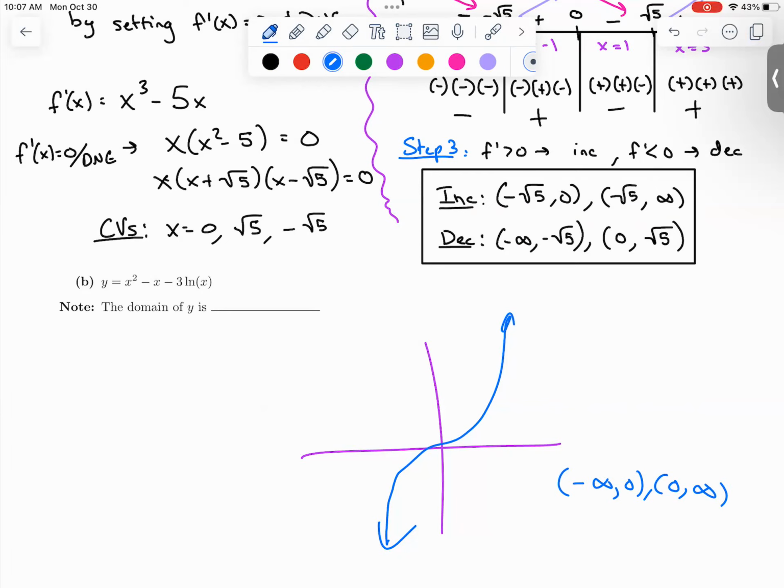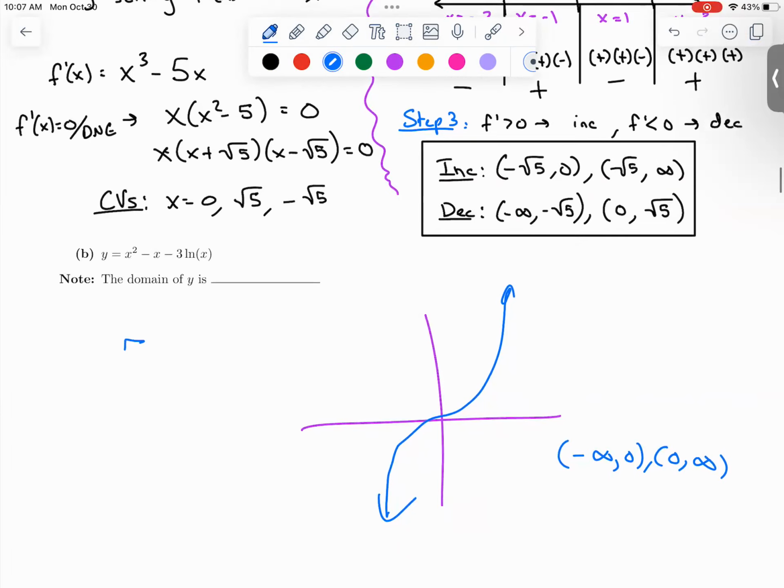And so I don't like using brackets because if I said that it was increasing from 1 to infinity, the definition of increasing says that for all x1 and x2 such that x1 is less than x2, f of x1 is less than f of x2. I can't guarantee a point to the left of 1. So how do I know if it's increasing at 1? You see what I'm saying?